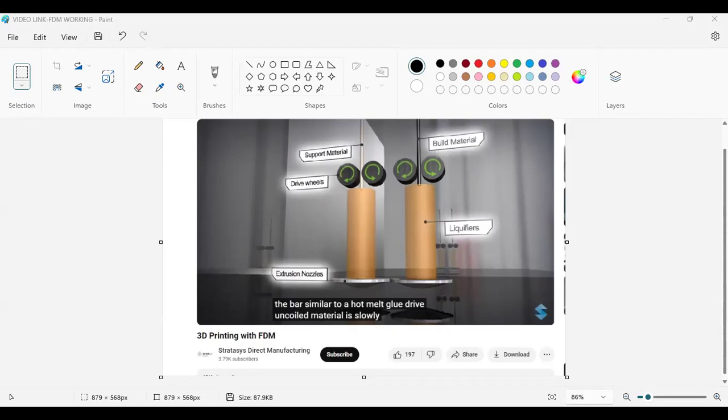Specifically, we discussed the details of the liquefier, which melts the material, and the pinch roller, which feeds the wire through the machine. In addition, we watched an informative animation video from Stratasys that demonstrated the working of FDM, providing a clear understanding of the process.